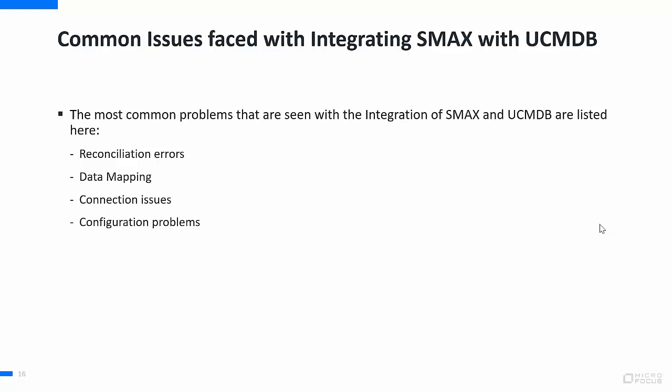The connection issues, again, are normally down to user accounts and making sure that what is configured within the OOTB endpoint and what is configured within UCMDB all match up and are the same.